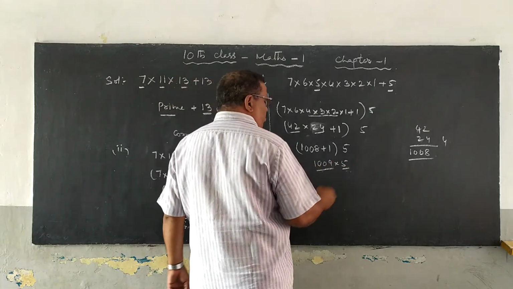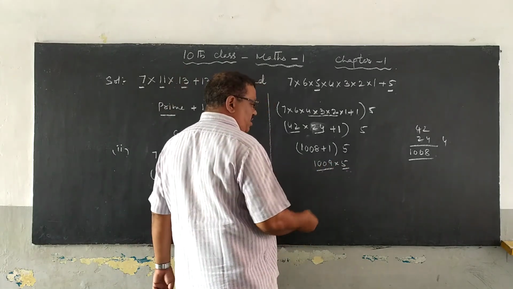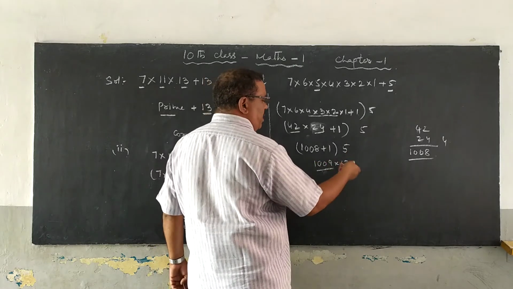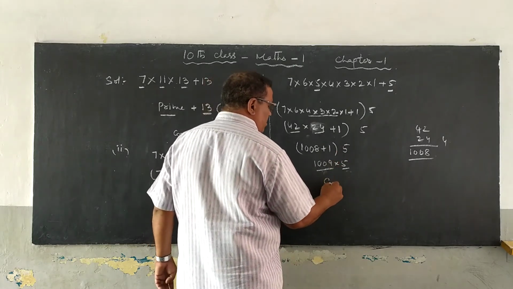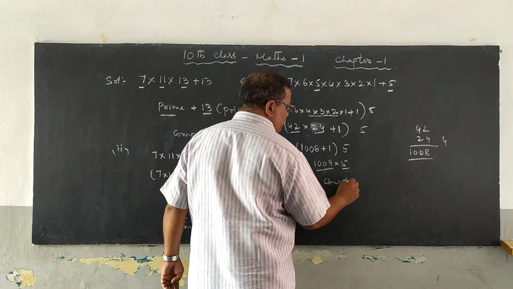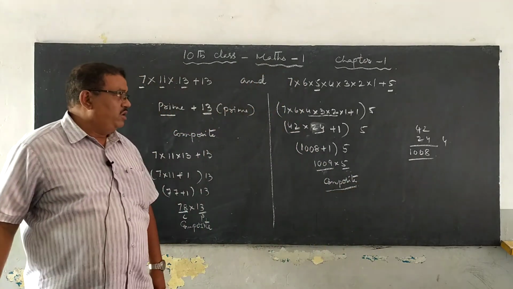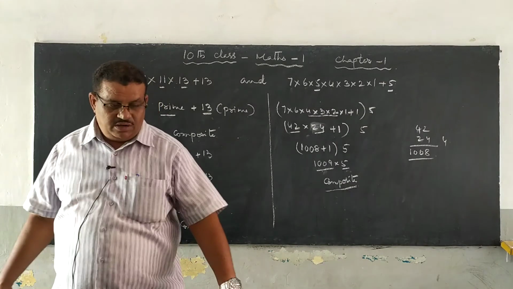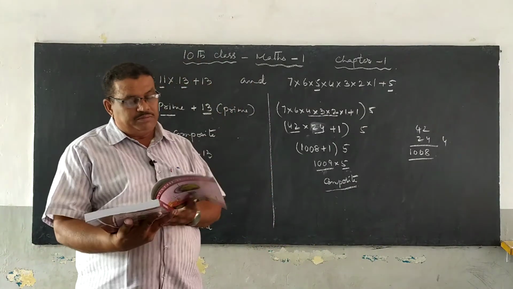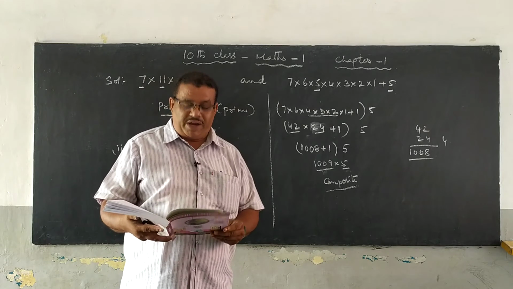The product of two prime numbers is a composite number, and the product of composite and prime is also composite. So the product is composite. These are the two problems you have to do in your textbook. This is the fourth problem in exercise 1.2.